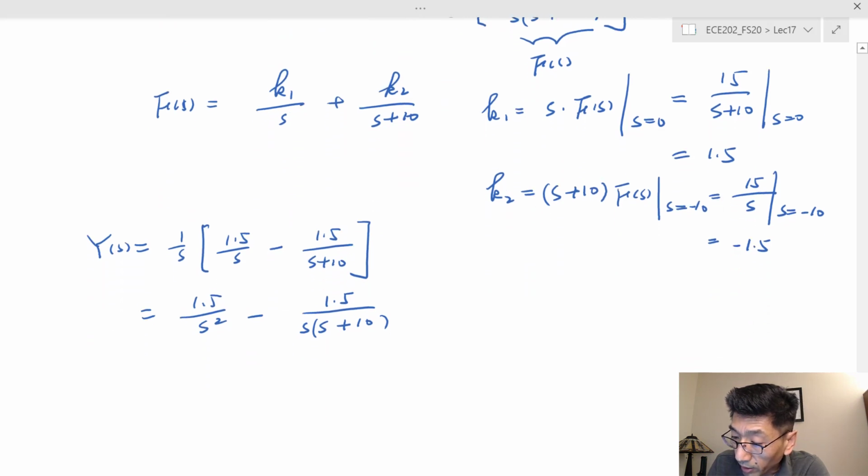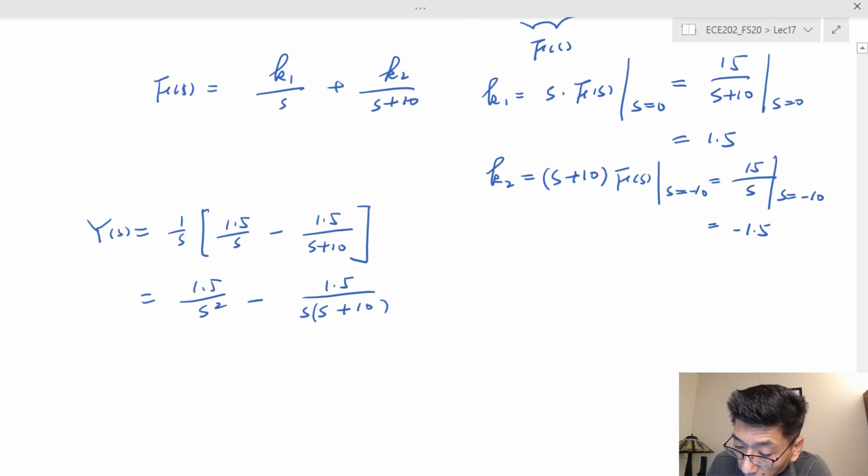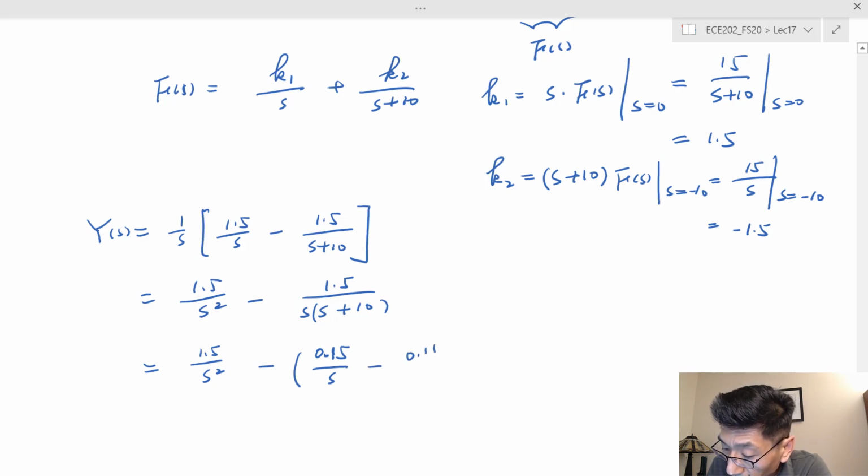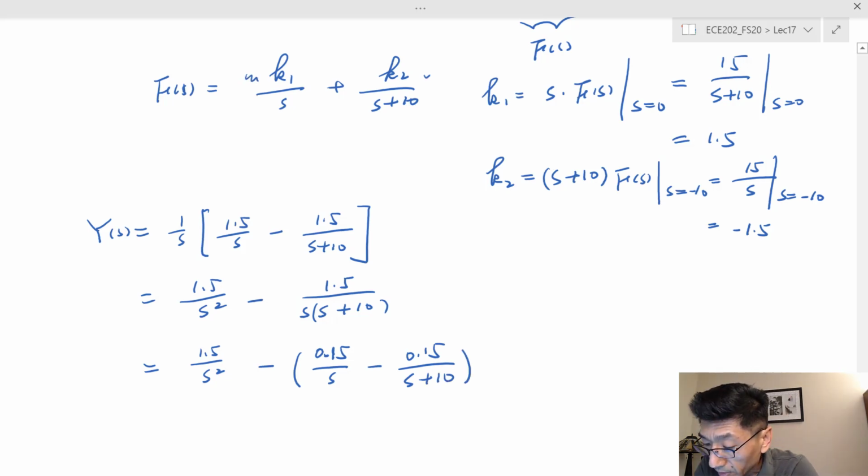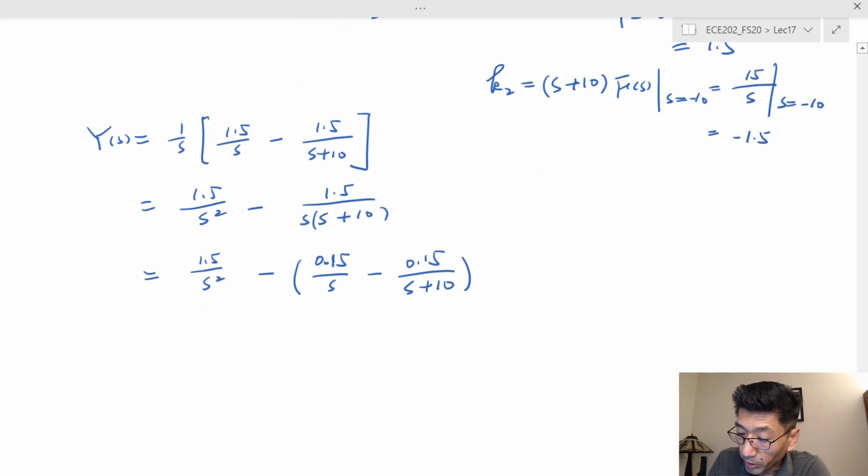So I believe I will get 1.5 over s squared minus 0.15 over s, and minus 0.15 over s plus 10. I just scale the residues we already had by 10 times. I hope that will work.